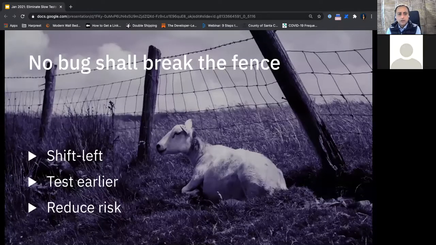The real key thing is the way I envision this is we ask people to put a fence around the farm to make sure that no stragglers break through the fence, right? So the way to think about it is we are asking you to shift, test left, test earlier, reduce risk, and still maybe have a nightly run.